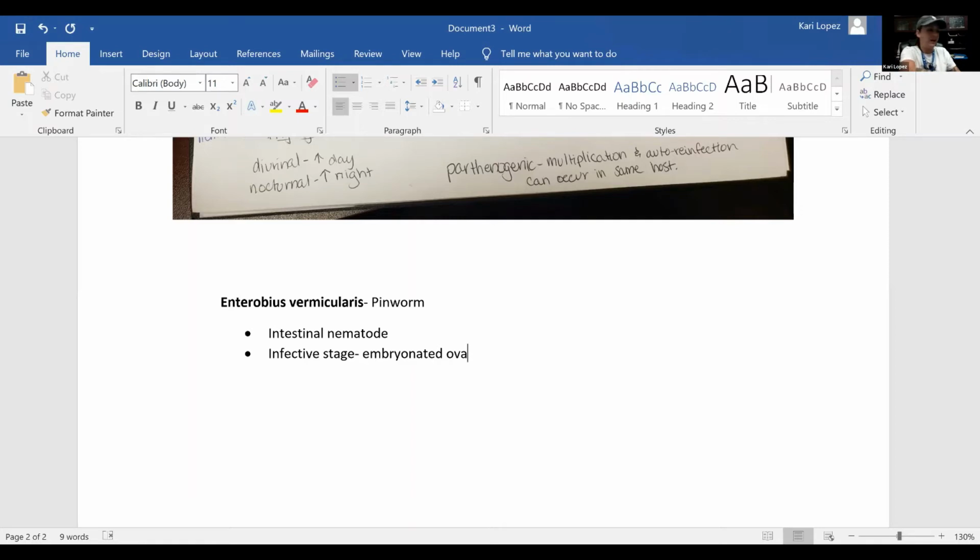And the note I put for remembering the infective stage for these nematodes is ETA, which is your infective stage of embryonated ova, which means Enterobius, your E, and then your Trichuris, which is your T, and then your Ascaris is your A. And so those are all the ones out of these nematodes that have the infective stage as an embryonated ova, and then the other ones are different. So ETA is going to be your embryonated ova.